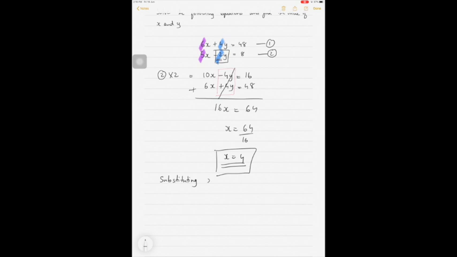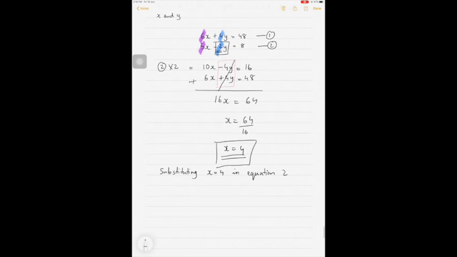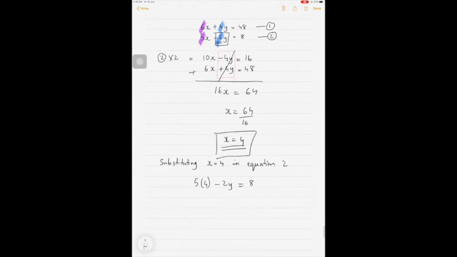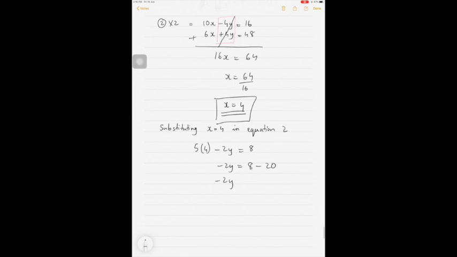Substituting x is equal to 4 in equation 2. Okay. So when I substitute this, 5x, instead of x I'll write 4, minus 2y is equal to 8. So minus 2y is equal to 8 minus 20.